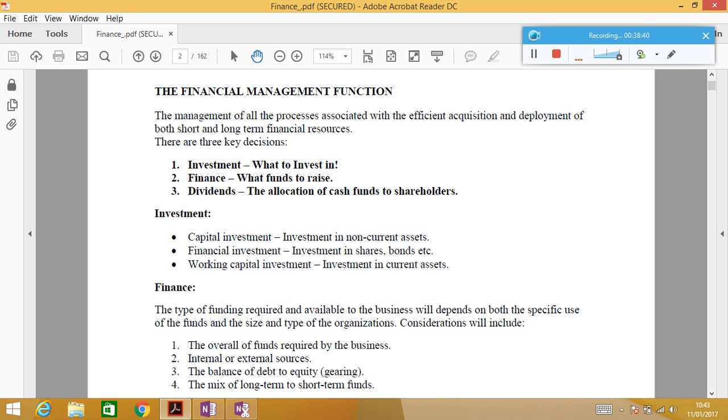Capital investment is non-current, working capital is current. Financial is very easy. When we say the word financial, it's always about what? Loans, shares, bonds, design finance, etc. All kinds of financing come under financial. That's why it's called that. So CFW, remember that. Next, finance.